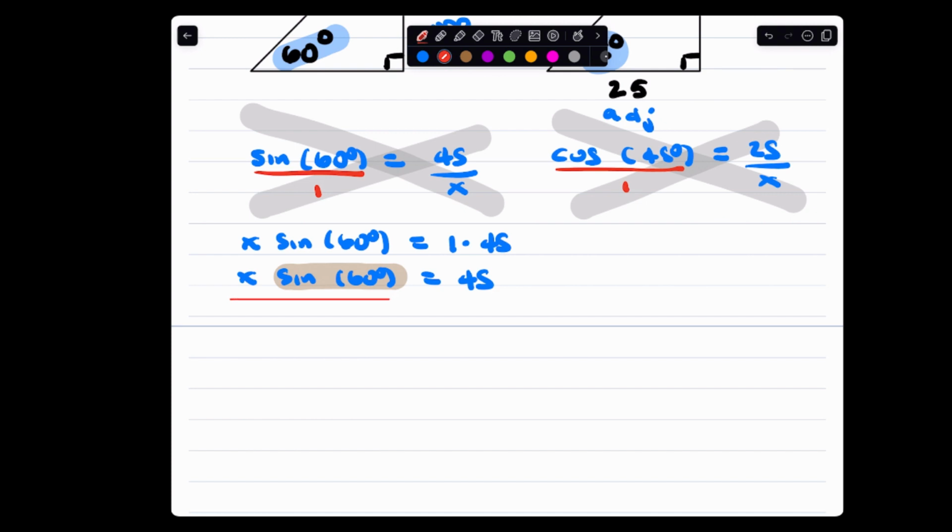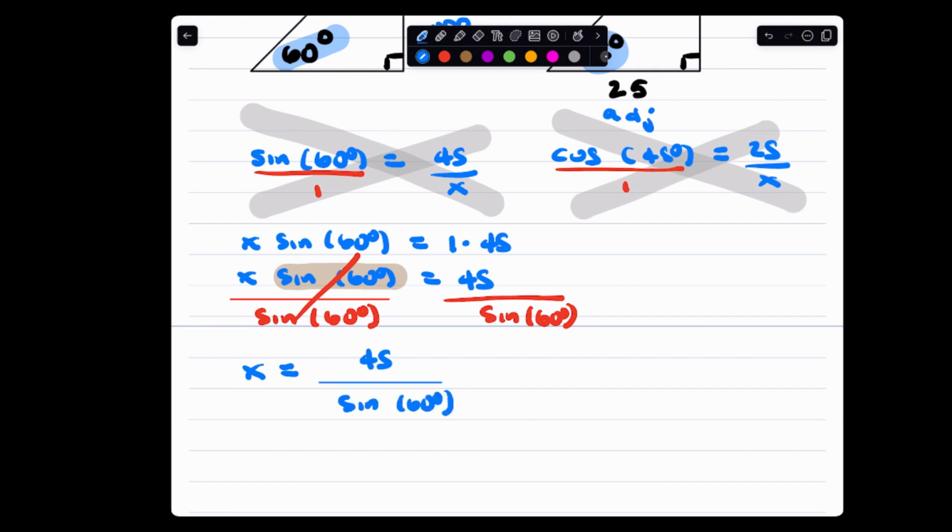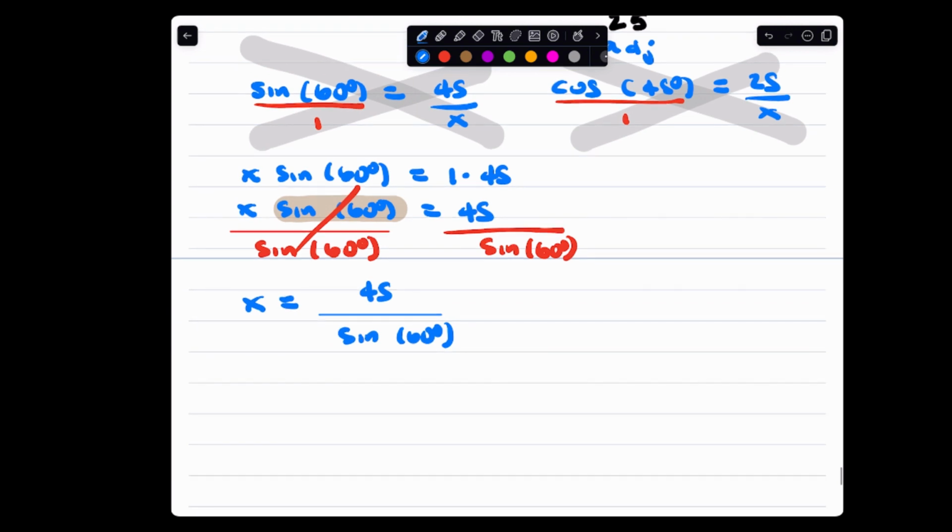So again, you divide both sides by sine 60. It cancels, and now you have x is 45 over sine 60 degrees. Now this is the exact answer.